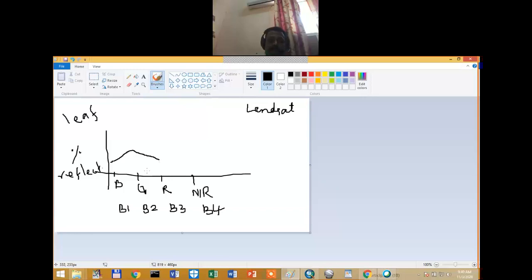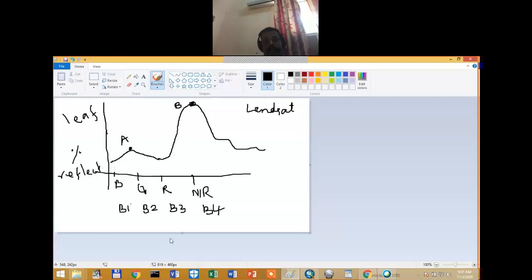Normally our human eyes can only see in this range, that is from 400 to 700 nanometers. But in the near infrared, we saw that it actually has a very high reflectance, but we do not see it with the naked eye.